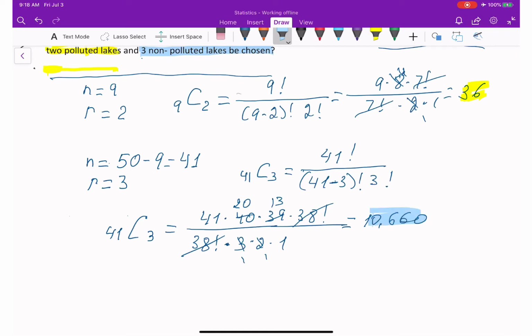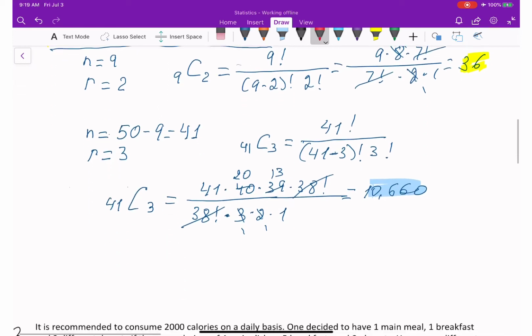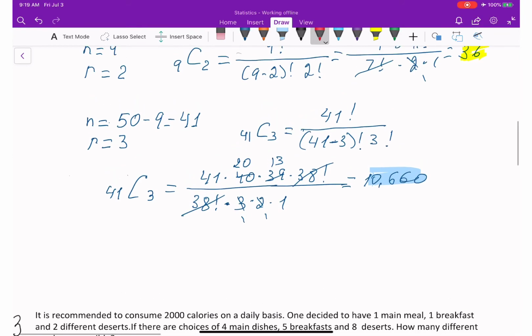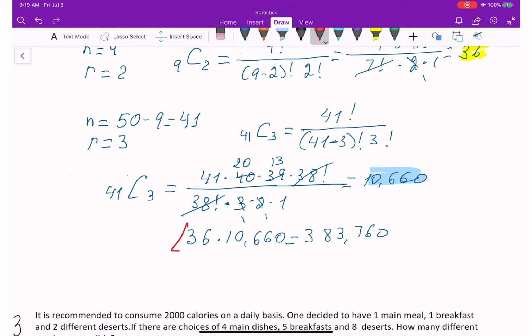So now to figure out the total, because it says here total, and remember when we have 'and' we multiply by each other. So what I'm going to do, take 36 multiply by 10,660, and the answer is going to be 383,760, and this is going to be our answer.